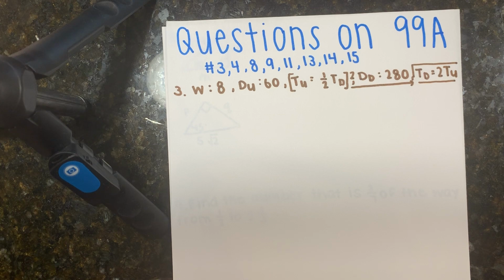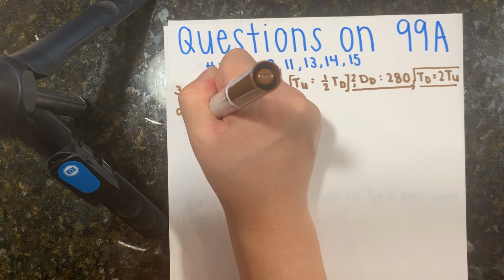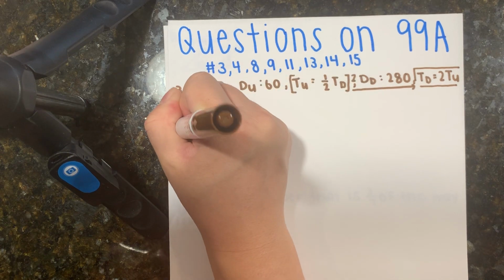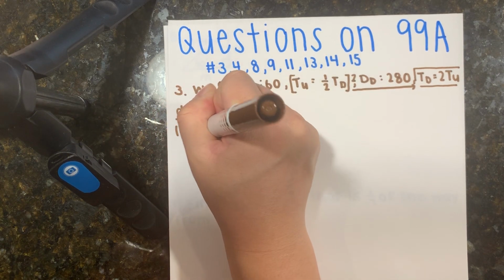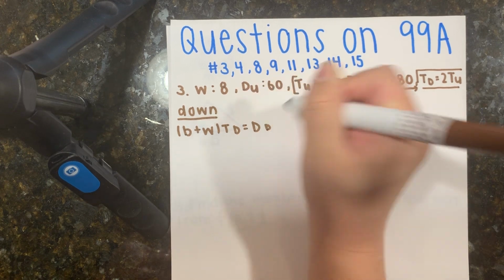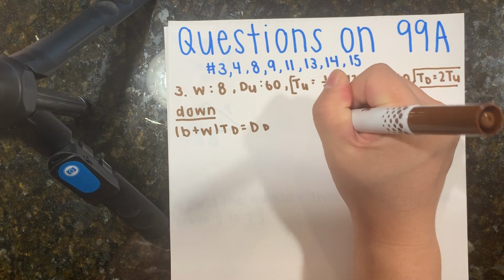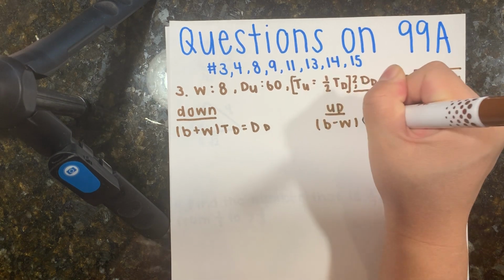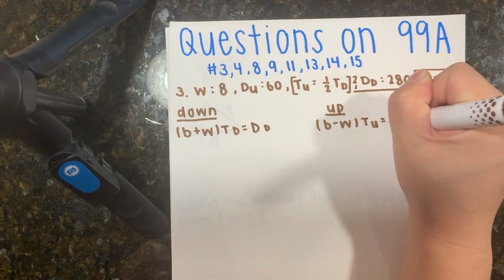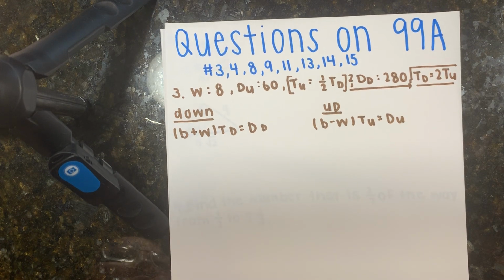Okay, so now I have my downstream equation, which is going to be B plus W times TD equals DD. And then I have my upstream equation, which is going to be B minus W times TU equals DU. I'm going to plug in the information that I have.